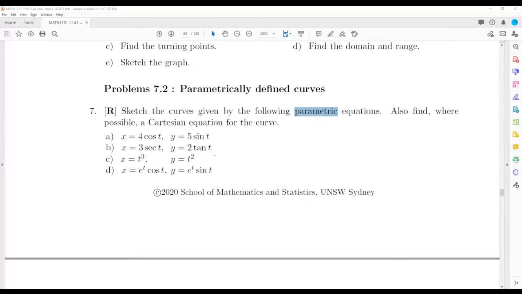So you've kind of already seen these before, right? So sketch the curves, and find a Cartesian equation. Each variable here, x and y, depends on this parameter t. So what we want to do to find the Cartesian equation is to eliminate the parameter t and just get an equation involving x and y.